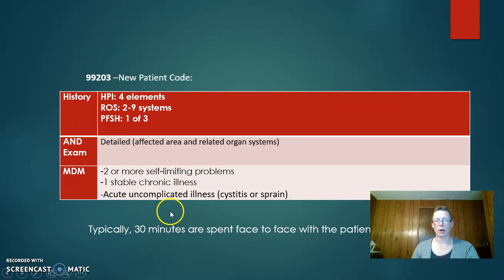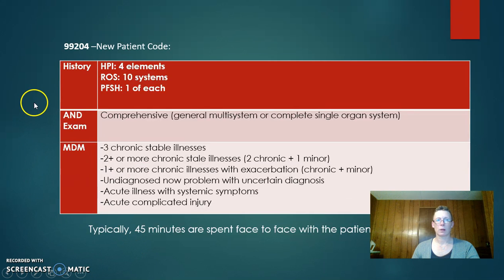Here's some helpful abbreviations. POS, place of service. CC is your chief complaint. HPI, history of present illness. ROS is review of systems. PFSH is your past, family and social history. SOAP note contains a subjective portion, which is the history, an objective portion, which is the exam, an assessment portion, which is the doctor's diagnosis, and a plan, which is basically the plan for the patient's care.